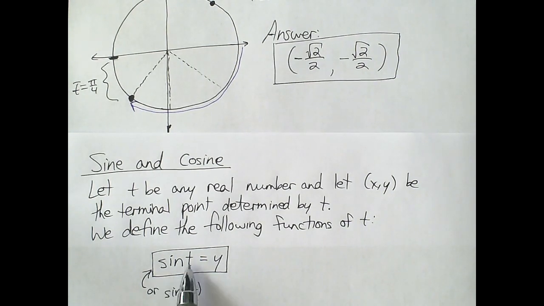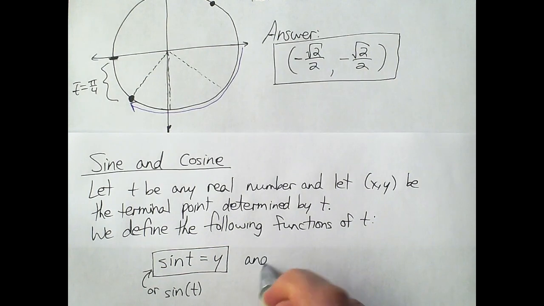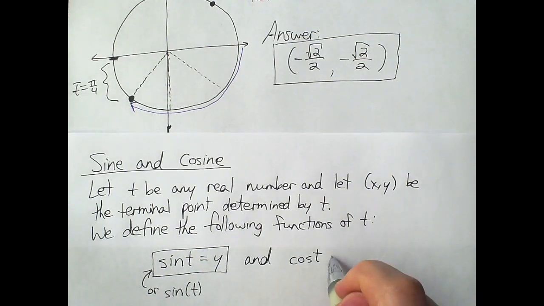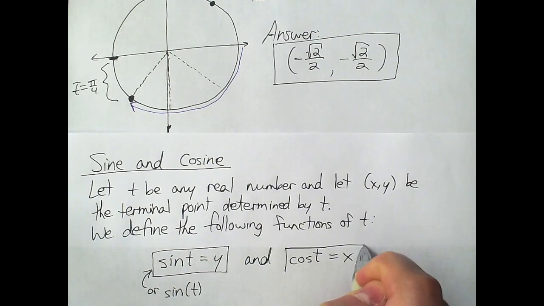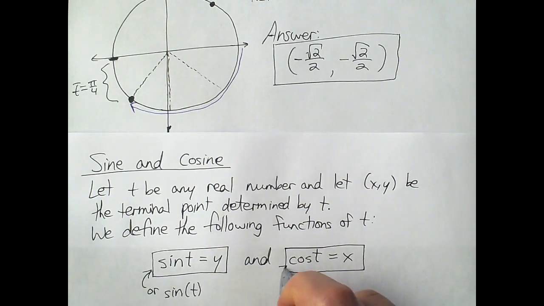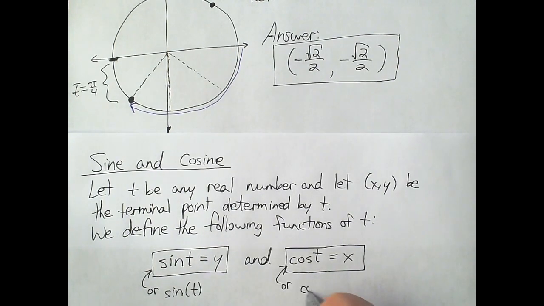You could say sine t, or you could say sine parentheses t. And cosine of t is abbreviated COS. So that's cosine of t, and it is simply the x-coordinate of the terminal point. And this can also be written with parentheses around the t.